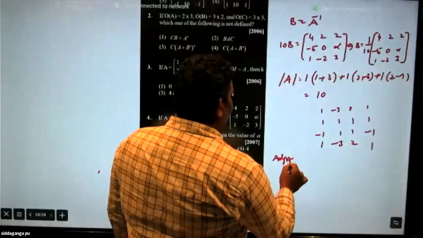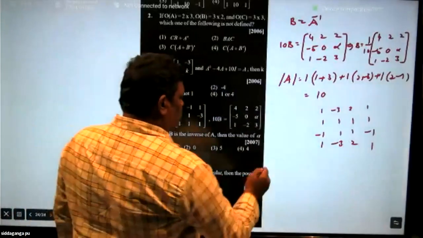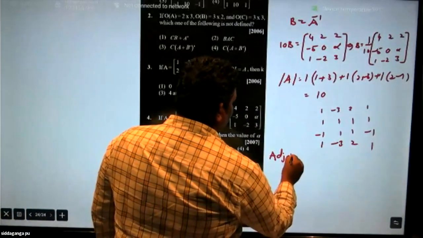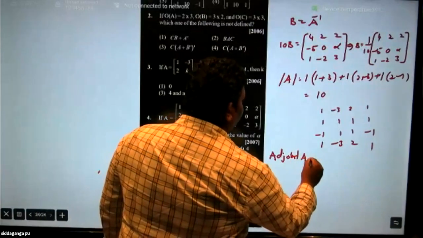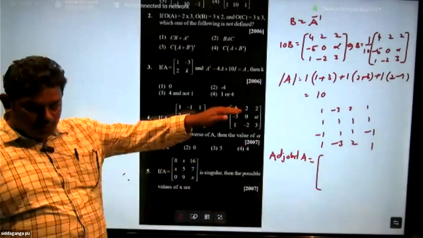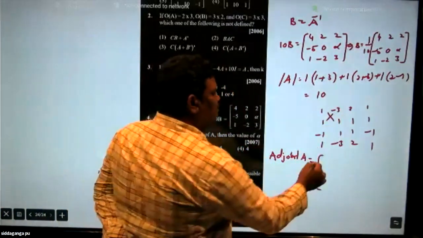Adjoint of A is equal to the difference of these numbers, which we write vertically. First we take these two differences: 1 plus 3, 4 value.